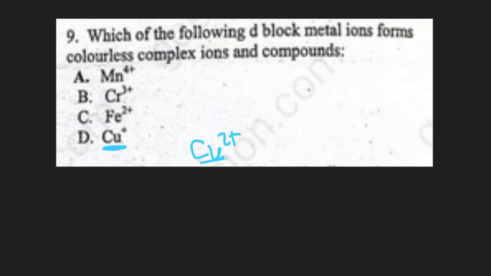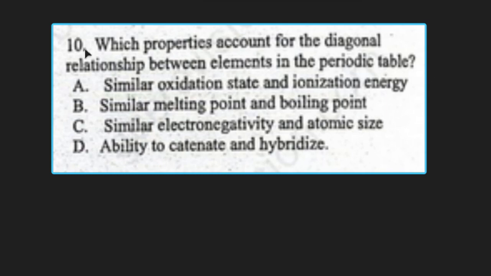Due to high charge density, it can form blue complexes due to the presence of copper 2 plus of higher charge density. So copper 1 plus will form colorless compounds due to low charge density. Our answer is D.